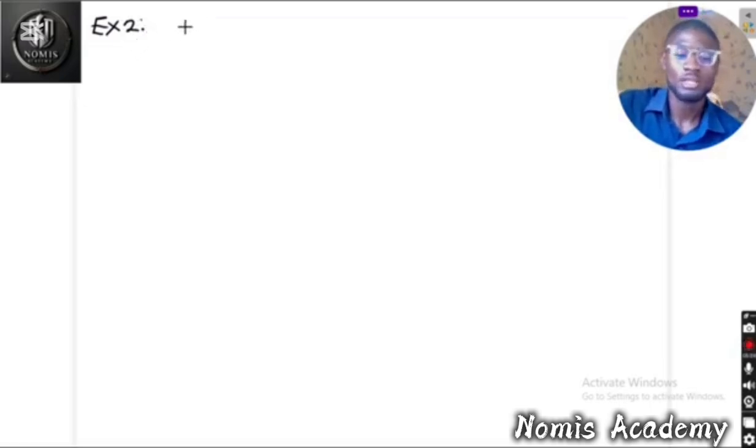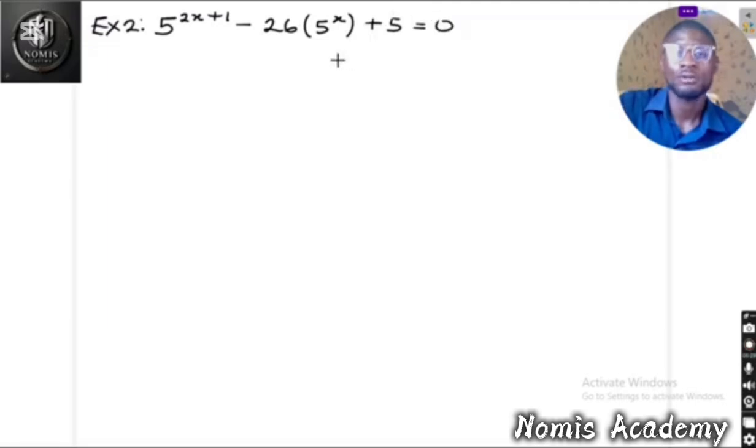So the question says that if 5 raised to the power of 2x plus 1 minus 26 open bracket 5 raised to the power of x close bracket plus 5 is equal to 0. Find the value of x. Find x. So how do I find the value of x here now? So you can see that it's a bit complicated from the previous one.